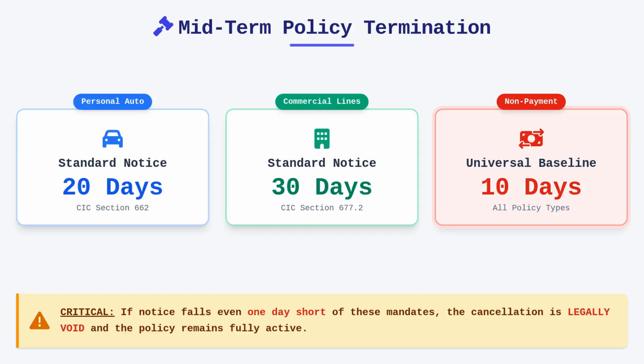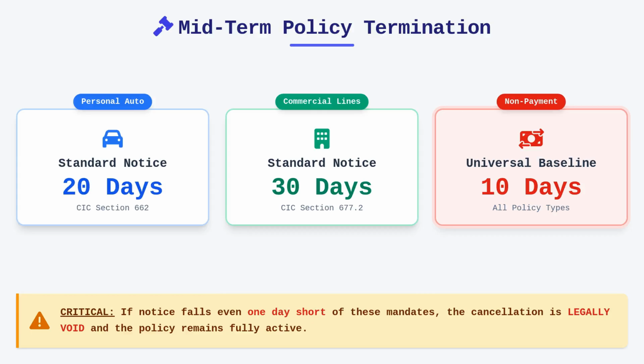However, Section 677.2, which regulates commercial insurance lines, mandates a stricter 30-day notice period for general midterm cancellations. Both statutory frameworks establish a distinct 10-day notice requirement if the cancellation is driven strictly by the non-payment of premium.